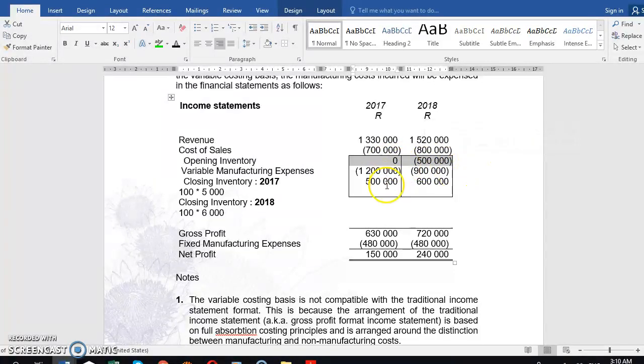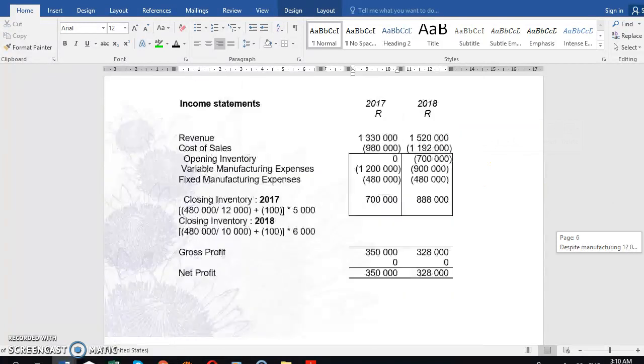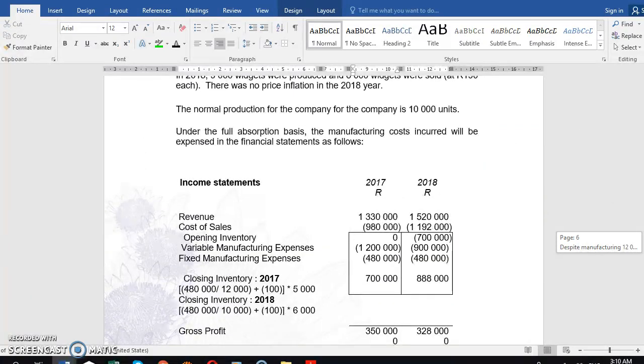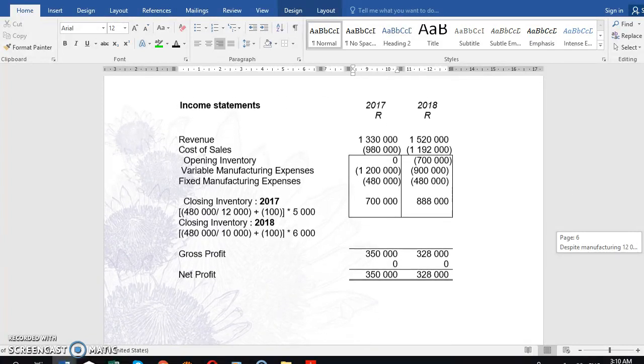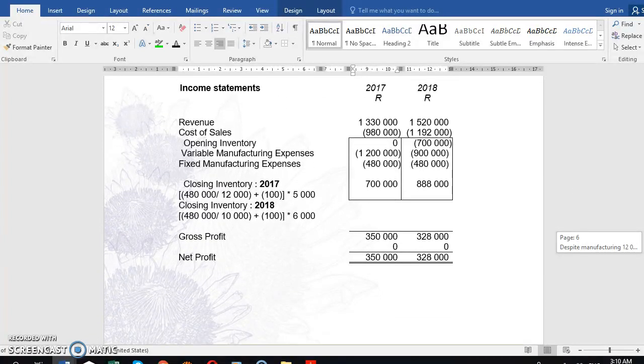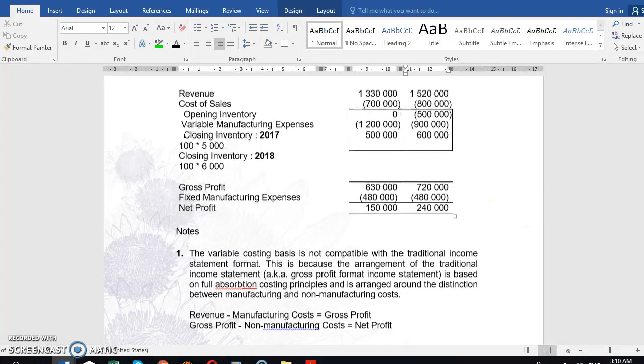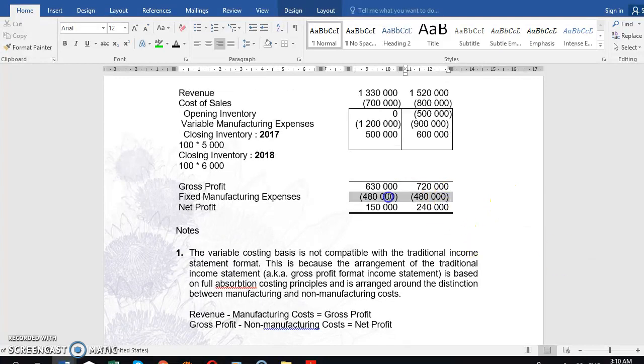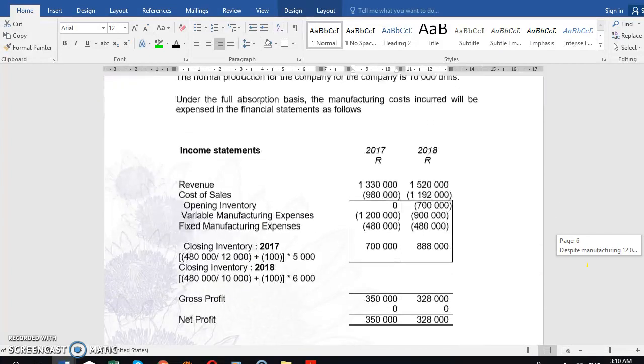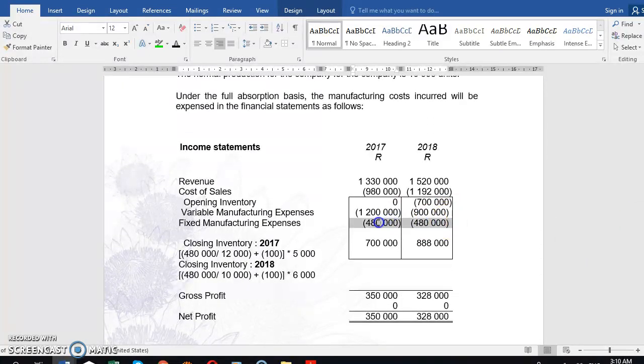Here it's 500,000, and closing inventory was 700,000 for 2017 and 888 for 2018 under absorption, and under variable it is 500 and 600. So there's the key difference. And then of course here fixed manufacturing overhead is a period cost, whereas under absorption costing it is included in the block. So that's the key difference.